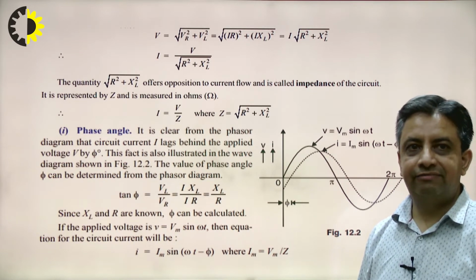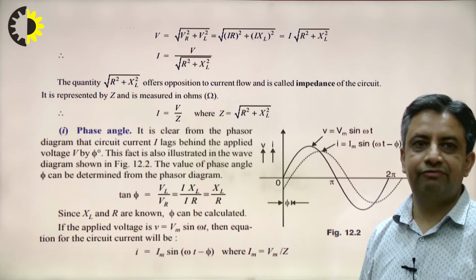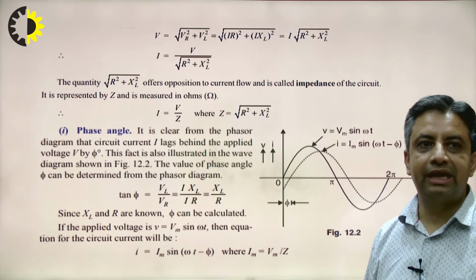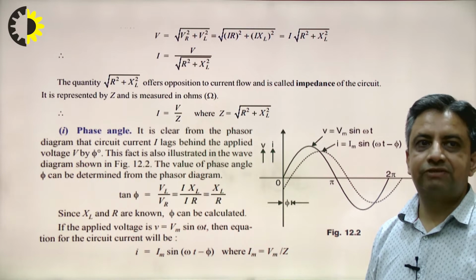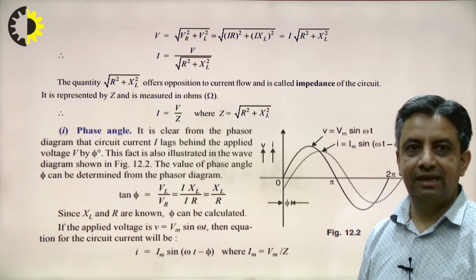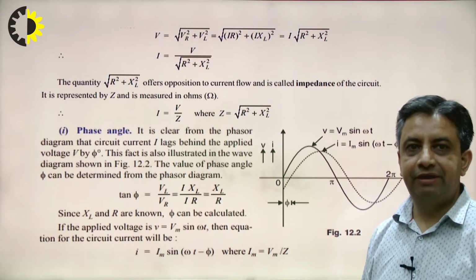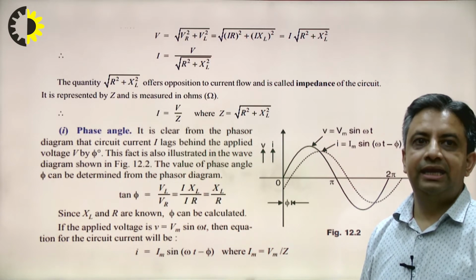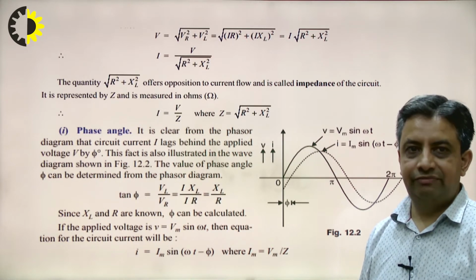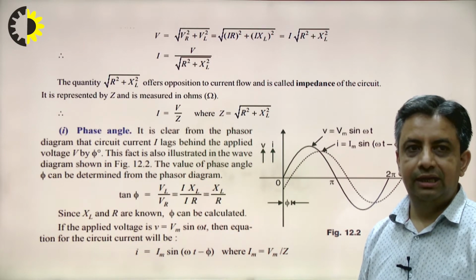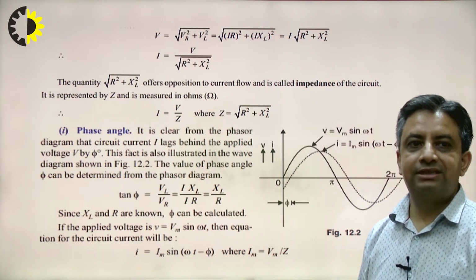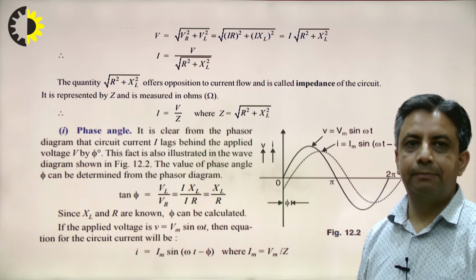Again, the phase angle can be calculated as tan phi equals XL by R. This phi is the phase angle, that means the angle by which the current phasor lags the voltage phasor. We know that in an inductive circuit, the current always lags the voltage by an angle phi.